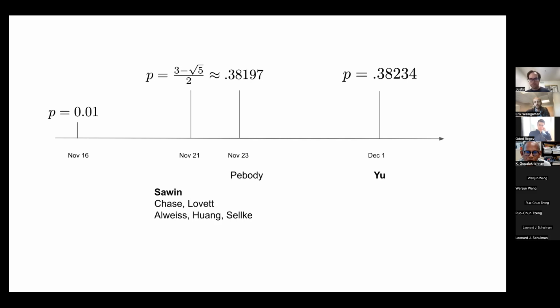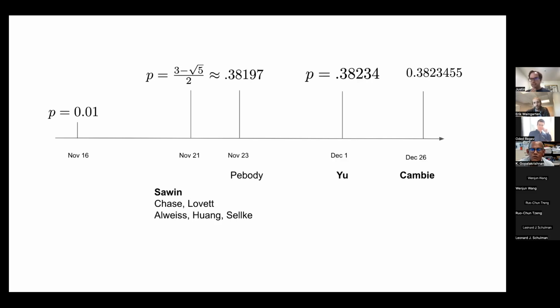The first one quantified Will Sawin's epsilon to just above 0.382. On December 26th, Canby tacked on a couple of extra digits, and I think Canby also argues that this is the limit of Will Sawin's coupling argument. That's where we are today.